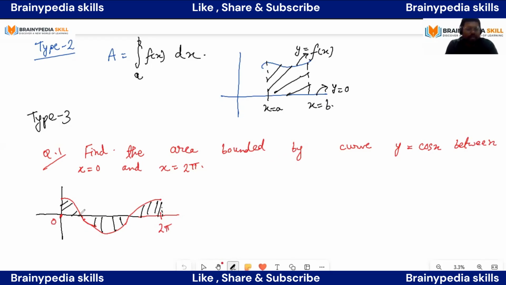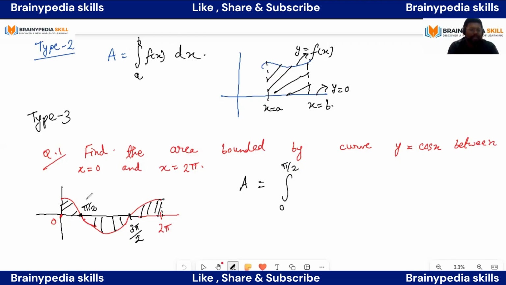So it is 0 at pi by 2, it is 0 again at 3 pi by 2, then it is 1 at 2 pi. Now you need to check the positive cos or negative cos as well.